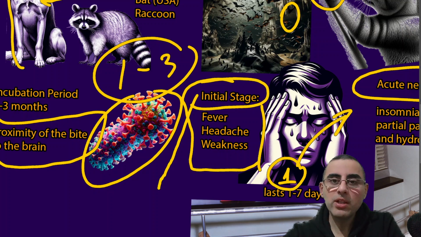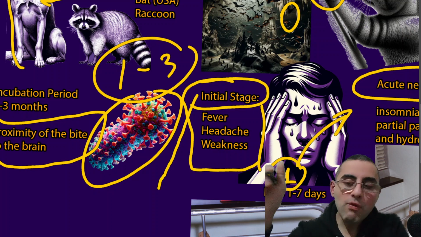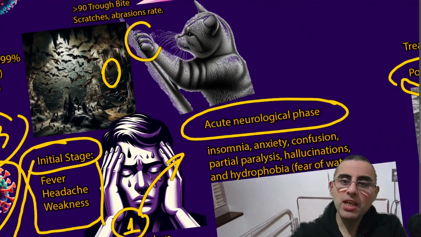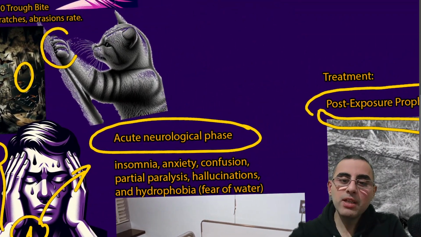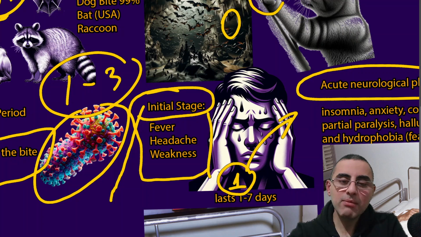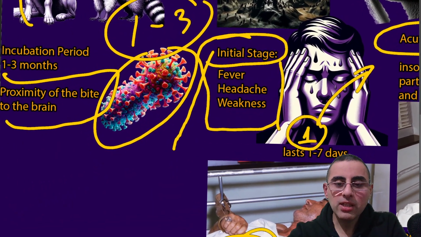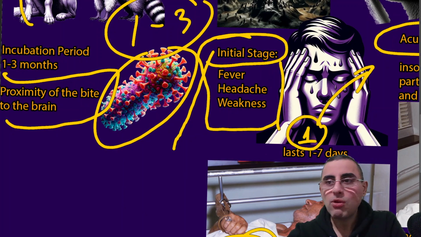But if the dog is ill, of course, immediate treatment is required, and of course we need immediate vaccination even if we are bitten by, for example, an unknown dog, an unknown animal, and it's not our home dog.